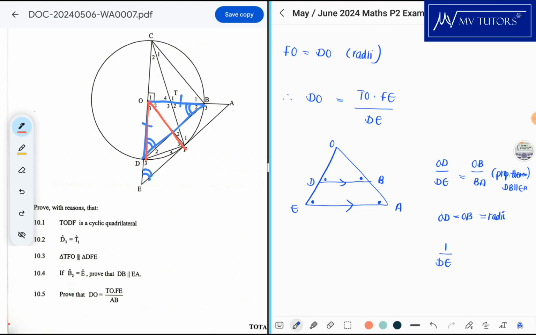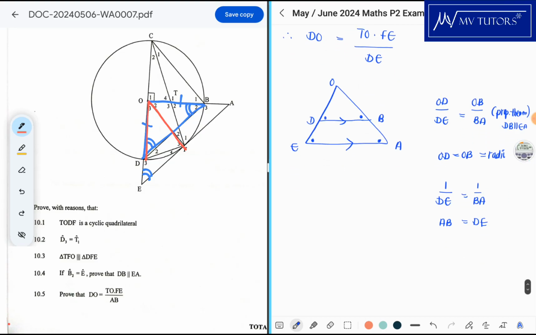So 1 over DE is equal to 1 over BA. If I cross multiply, I'll have that AB is actually equal to DE, which is great. Because I can therefore conclude that DO is equal to TO times FE over AB, which is what they wanted.